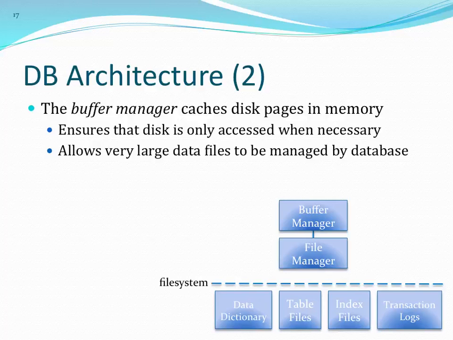So we introduce another component above it called the buffer manager, which basically allows us to control how much memory is allocated to various queries, and also make sure that whatever policy we want for evicting pages is followed, so that basically the most important pages are kept in memory and less important pages are pushed back out to the file system. So the buffer manager is very important for that.